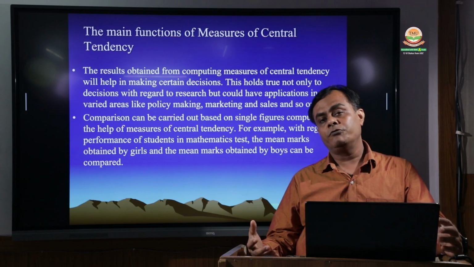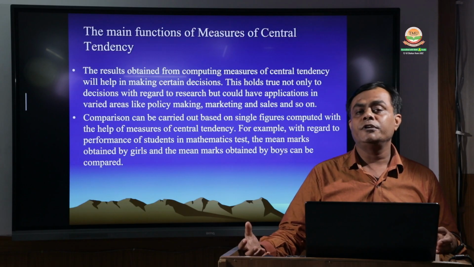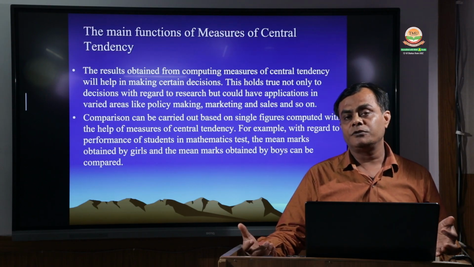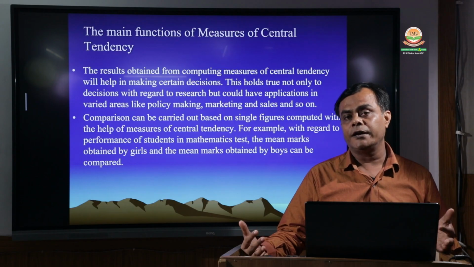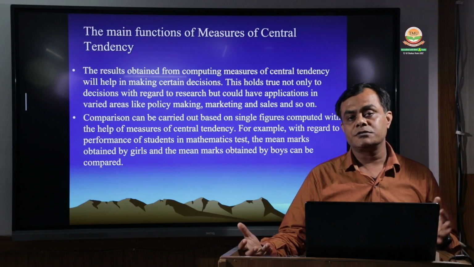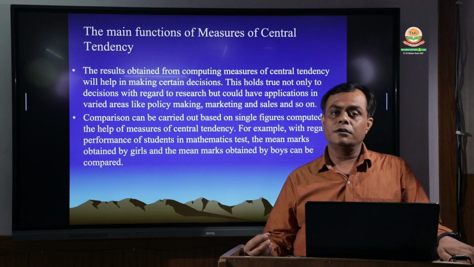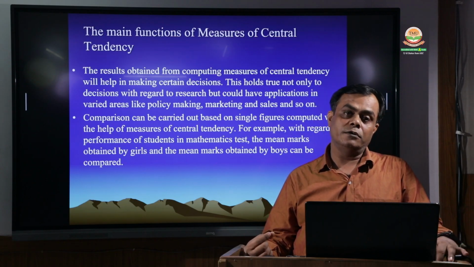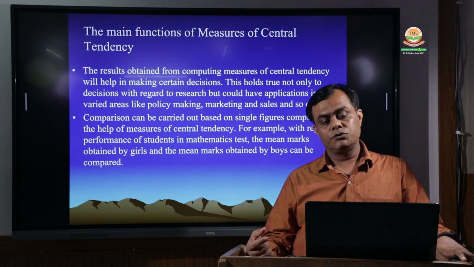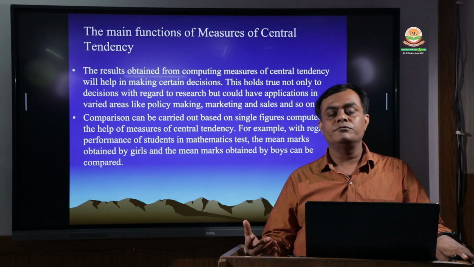If we want to gauge the performance of students, we just get a single figure through the measurement of central tendency, and we get an idea. Sometimes we divide the students by gender into female and male students, and we can also gather the central idea of the male students' marks or the female students' marks. So measurement of central tendency gives you a huge opportunity in any walk of life.